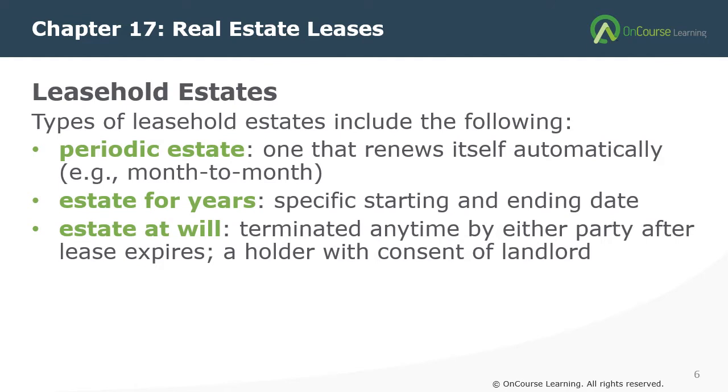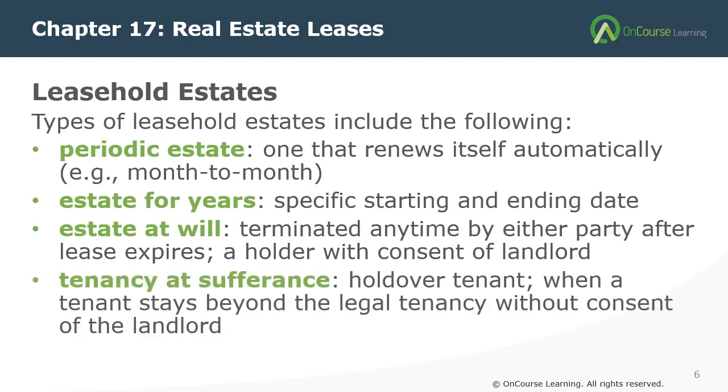In other words, this is a holdover with consent of the landlord. A tenancy at sufferance is also a holdover. However, this is when the tenant stays beyond the end of the lease without consent of the landlord.